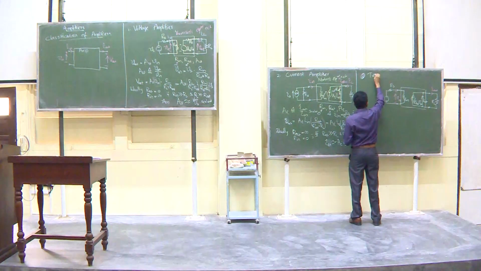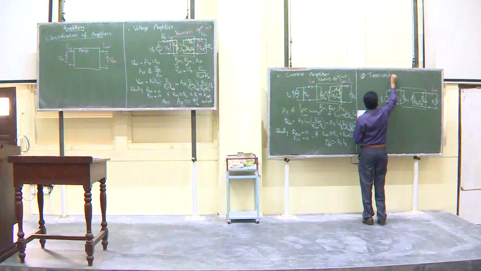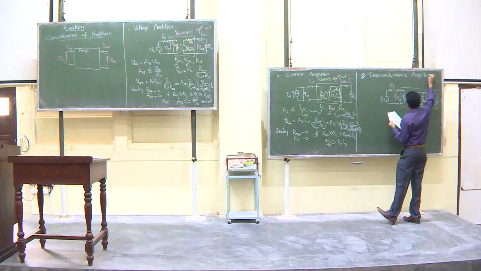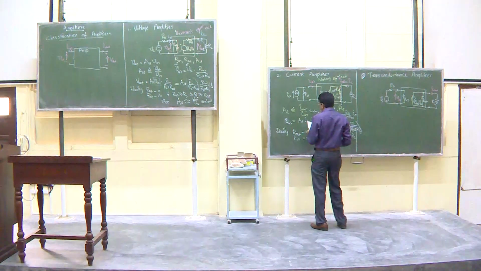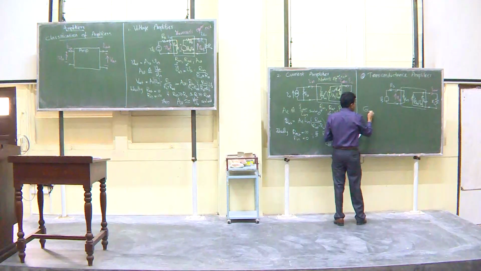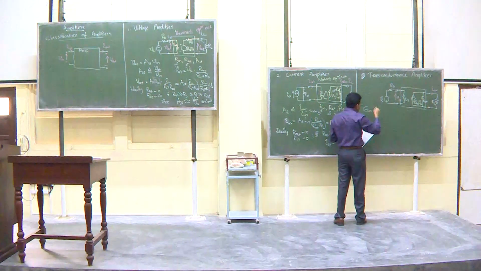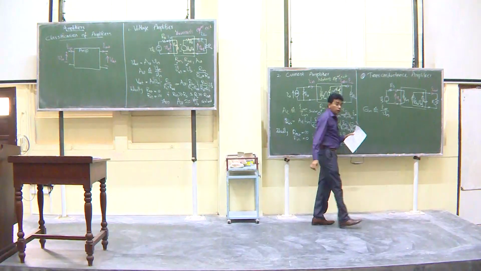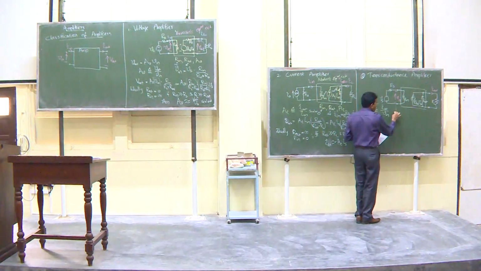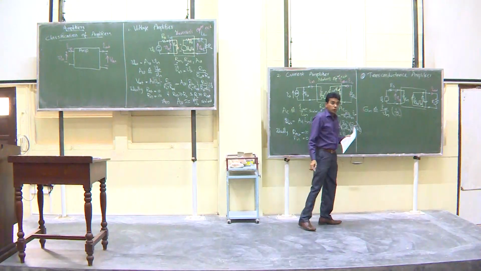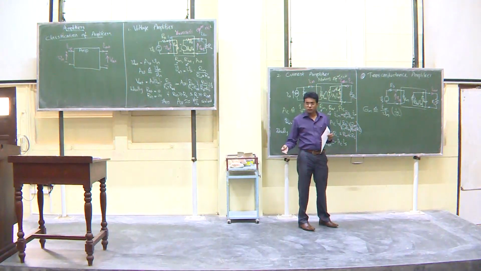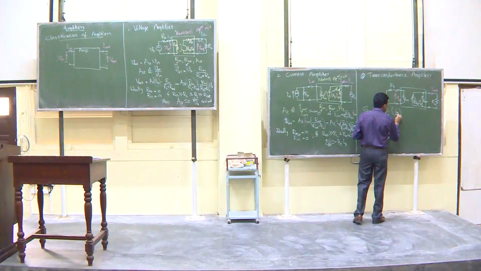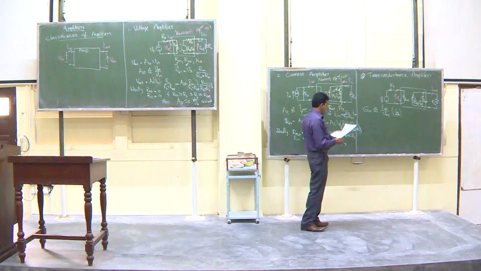These are called transconductance amplifiers. Their GM is defined as output current divided by input voltage. So the units are 1 over ohms, or sometimes you call mhos or Siemens.